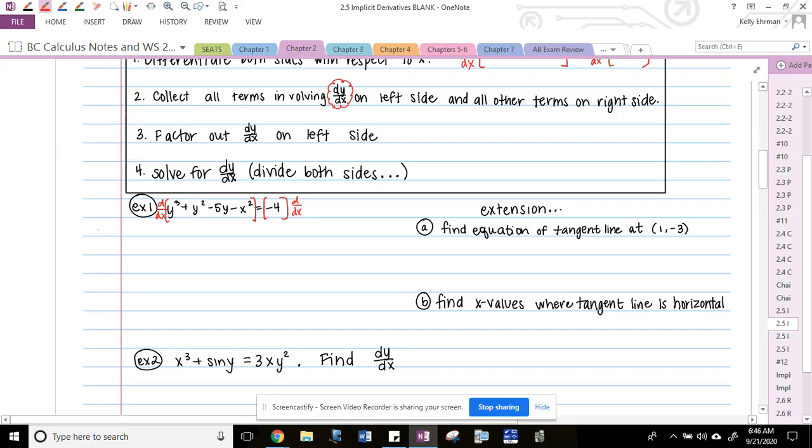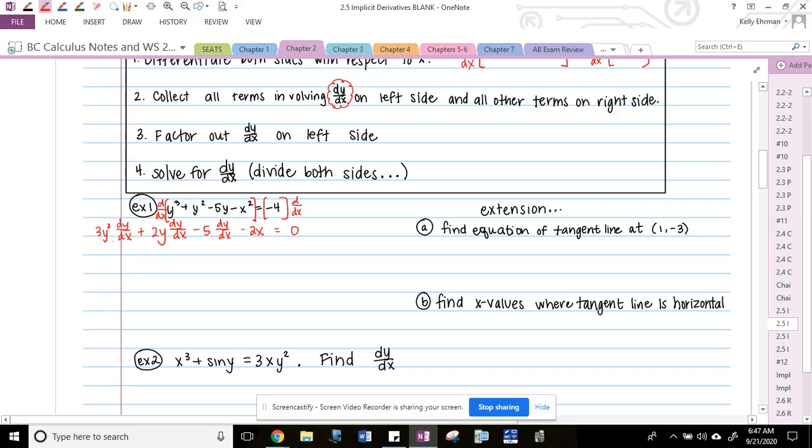So the derivative of y cubed is 3y squared dy dx, plus the derivative of y squared is 2y dy dx, minus 5 dy dx, minus 2x. I don't need a dy dx because this is the derivative of x squared with respect to x. And that equals the derivative of a constant, which is 0. And again, that's with respect to x, so I don't need a dy dx there because it's just 0.